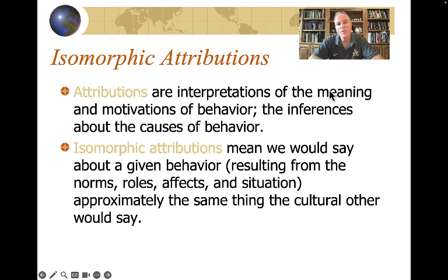And so that isomorphic attribution means we're able to say about a situation and about a piece of communication or an interaction, what that other culture would say about it, right? We attribute the same meaning to an event or a behavior that they would. And as those two attributions line up, we have what we call an isomorphic attribution.